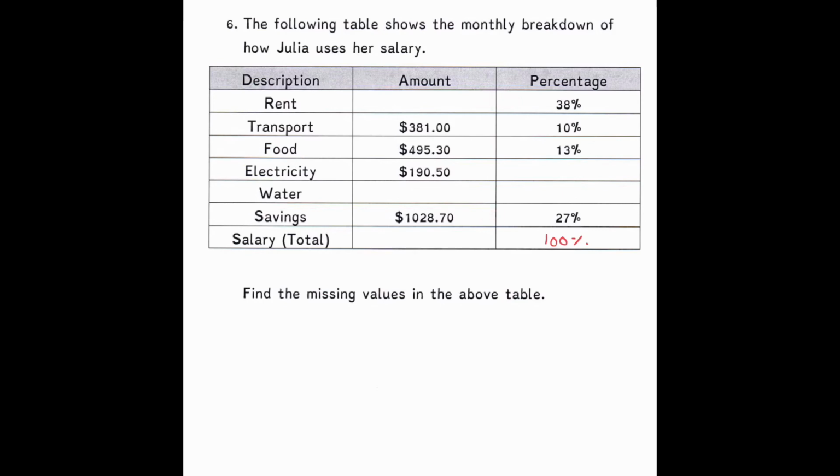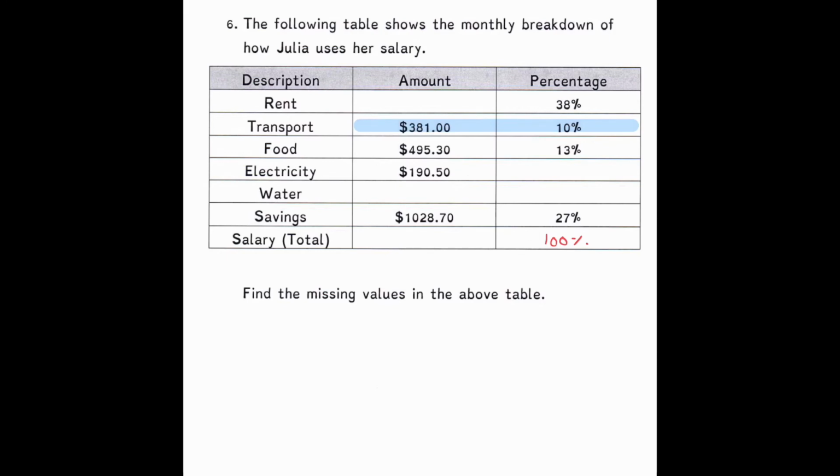Now, it's really tricky to do because I have all these messy percentages, but the one I really want to focus on here is this 10% row. I know that 10% of my total is this amount. Now, 10% of something, if I wanted to know what 100% is, well then that's just 10 times 10%, because 10 goes into 100 10 times.